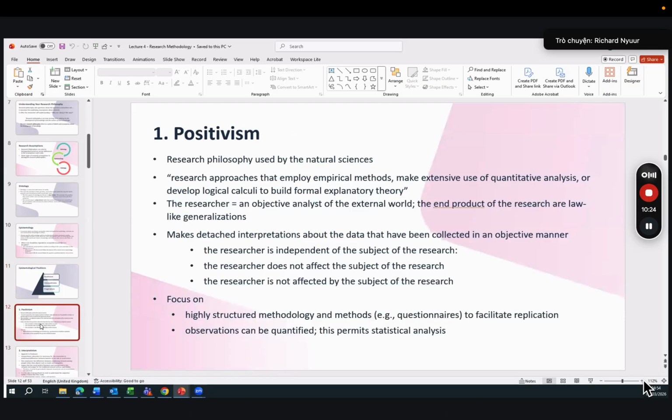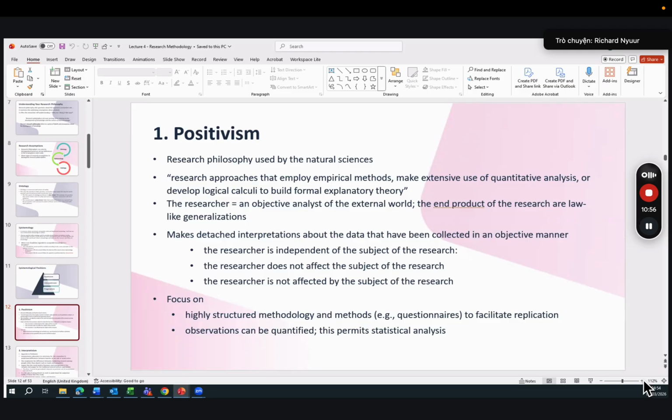So in terms of positivism, as I explained, it is used by the natural sciences. Research approaches that employ empirical methods make use of quantitative analysis, using logical calculations to build an explanation to an issue.